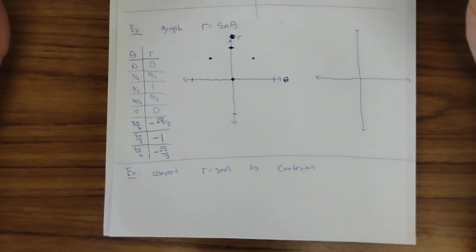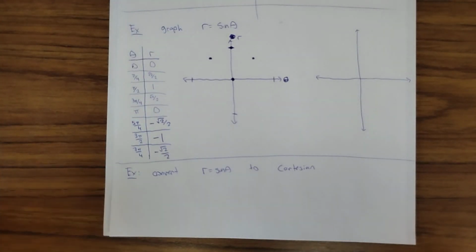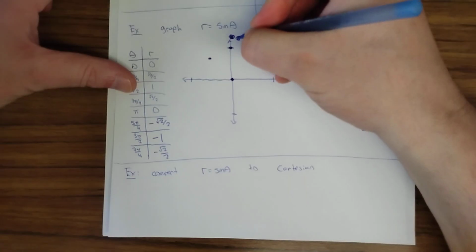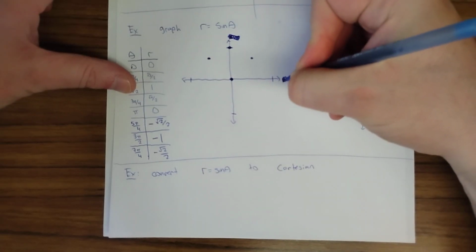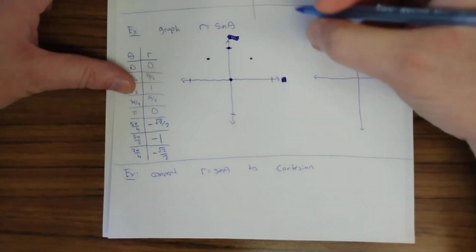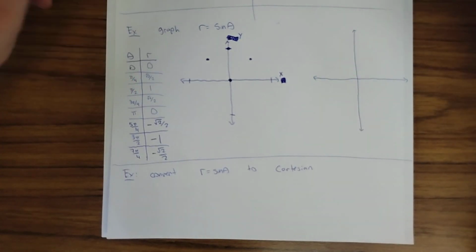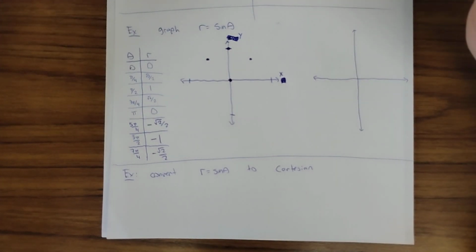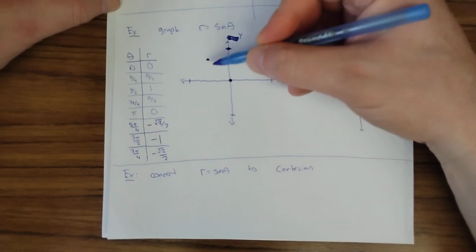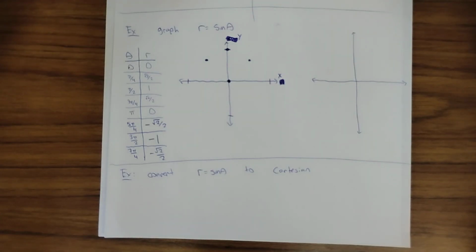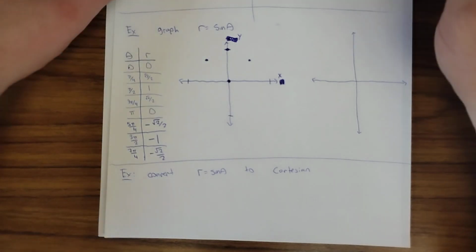Okay, and sorry, I meant for this to be x and this to be y, of course. This is a normal plane. So we're going to connect these dots somehow, but actually let me gather some more information before I do it.